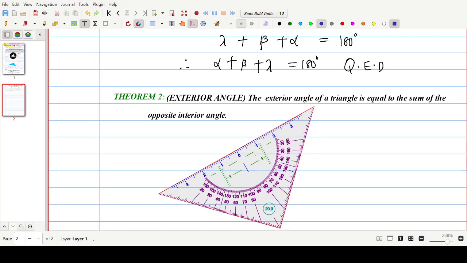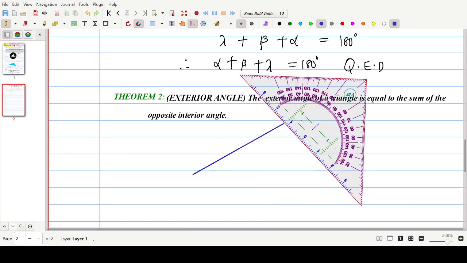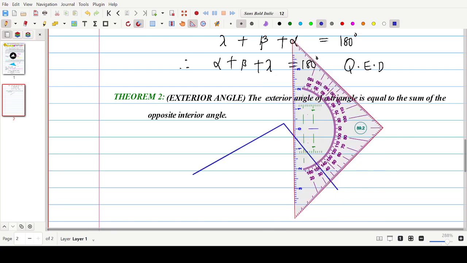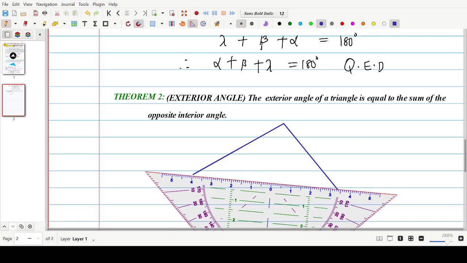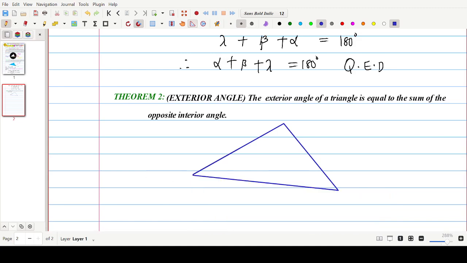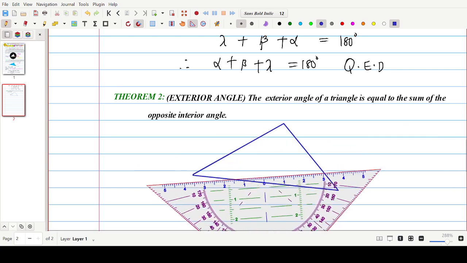So I will draw my diagram as follows. In this manner. So this is a triangle this time around. Then I have this. No, sorry, I will have to add something to it because we are given an exterior angle.